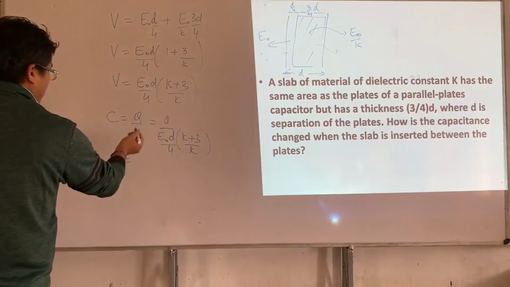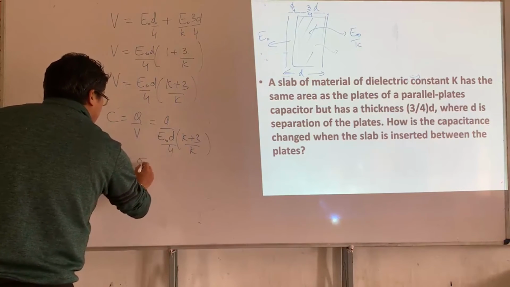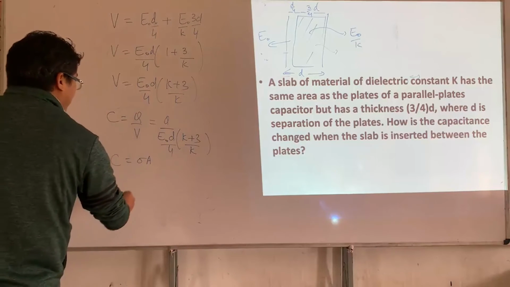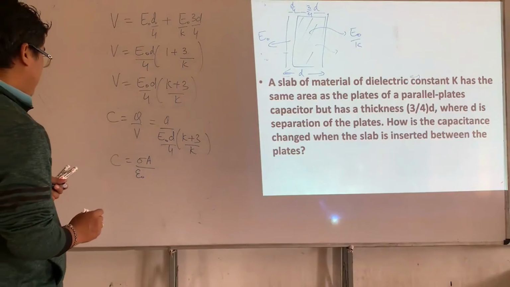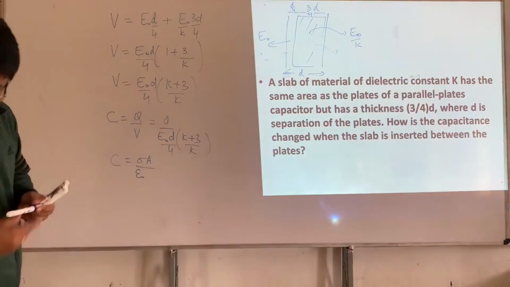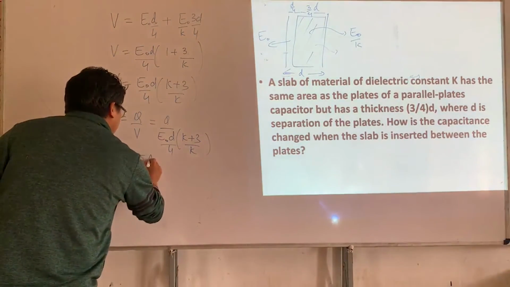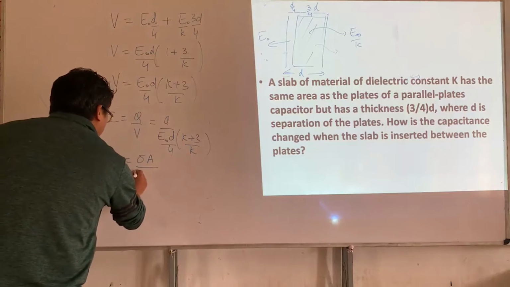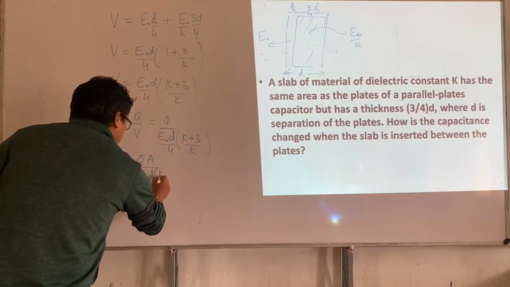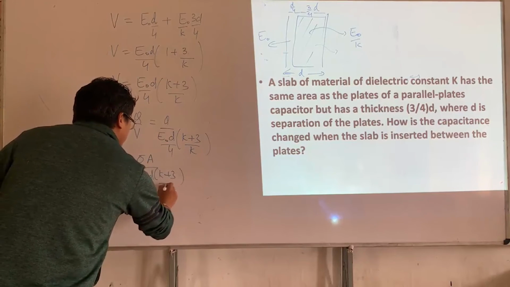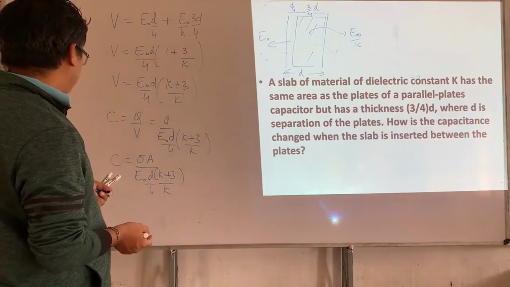Q is going to be sigma A. Q is equal to sigma A divided by epsilon naught, and then K plus 3 divided by 4. Right? This is what I have.